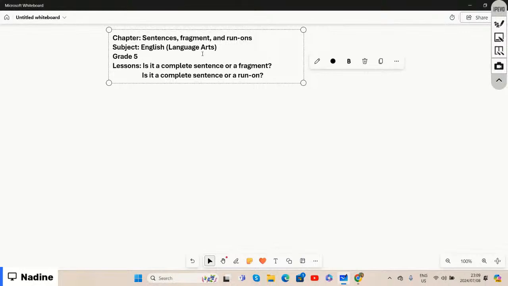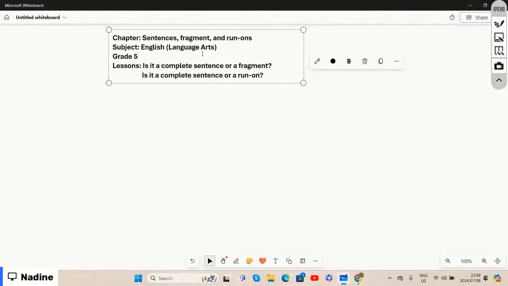And then we also have a sentence fragment. A sentence fragment basically doesn't show a complete sentence. With a sentence fragment, it is either missing a subject or missing a verb.